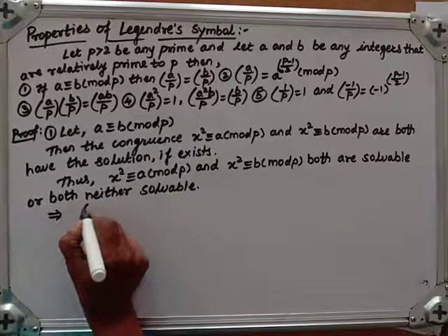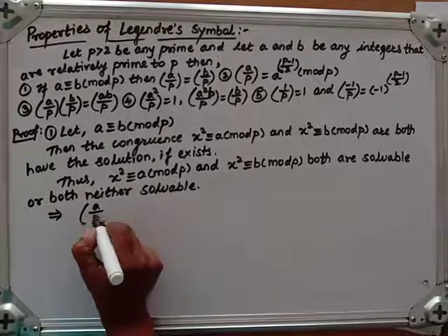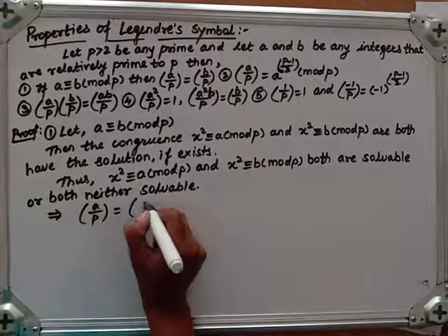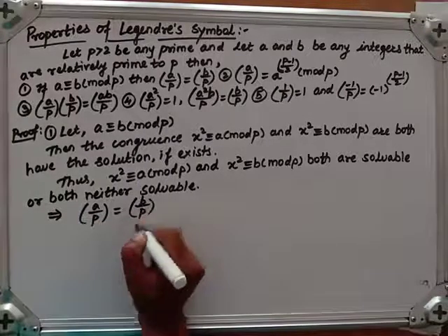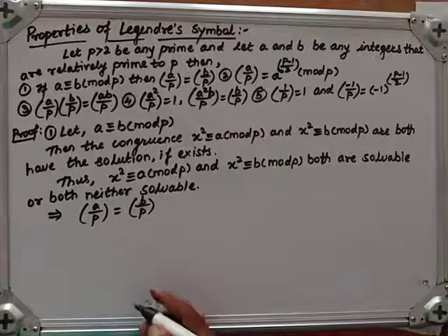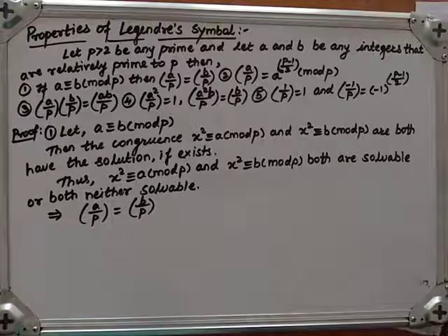So this implies the Legendre's symbol of a by p is the same as Legendre's symbol of b by p. Now let's prove the second one.